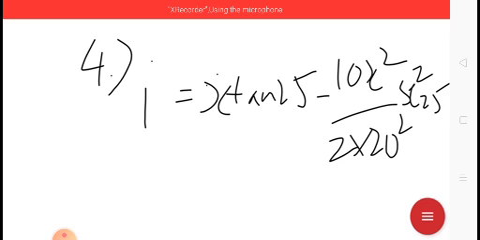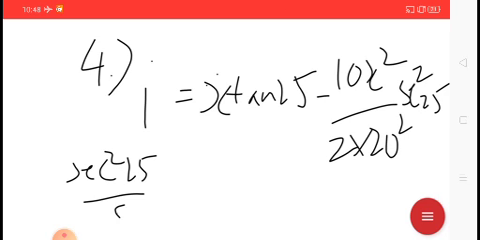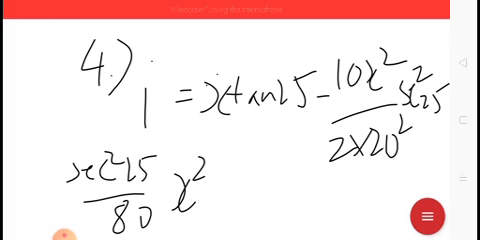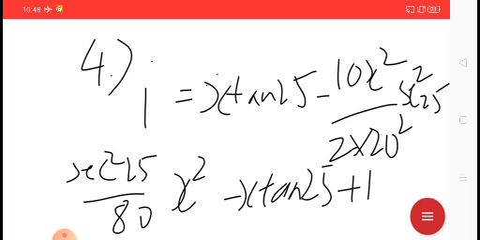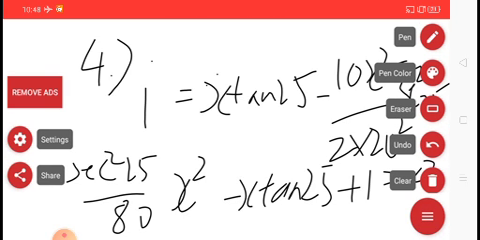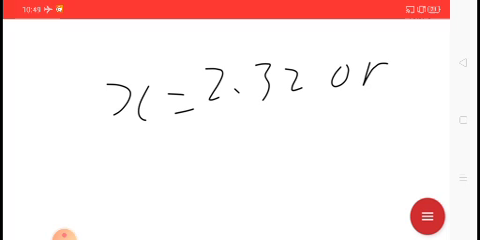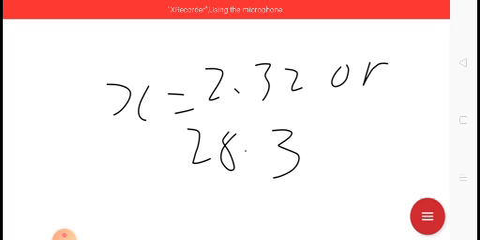Okay, solve it. You may rearrange this to get secant square 25 over 40 times x square minus x tangent 25 plus 1 equal to 0. Solve it, you will get x equal to 2.32 or 28.3.